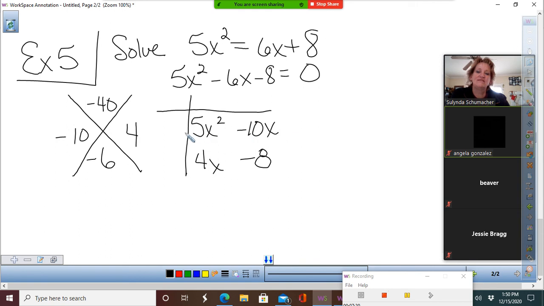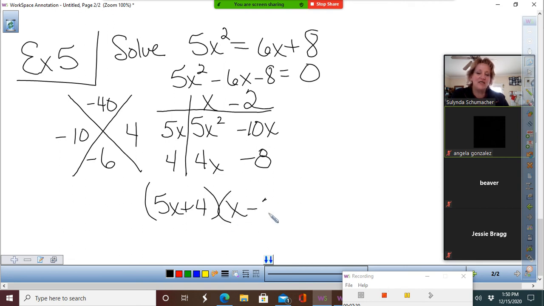Out of the first line, I can take out a 5 and an x. Out of the second line, I can take out a 4. Up and down, I can take out an x. And here, remember that negative right next to the side, and 2. So I have the factors 5x plus 4 times x minus 2.